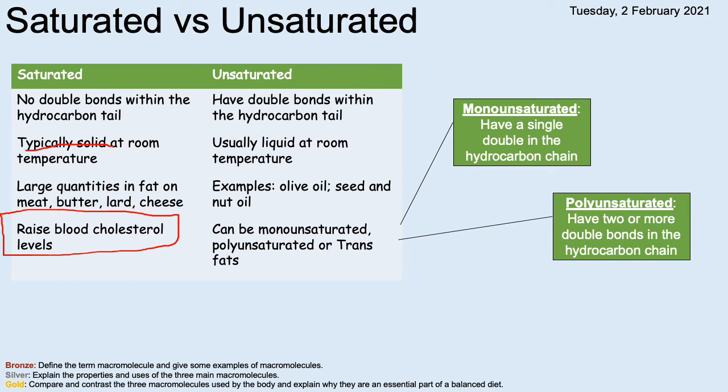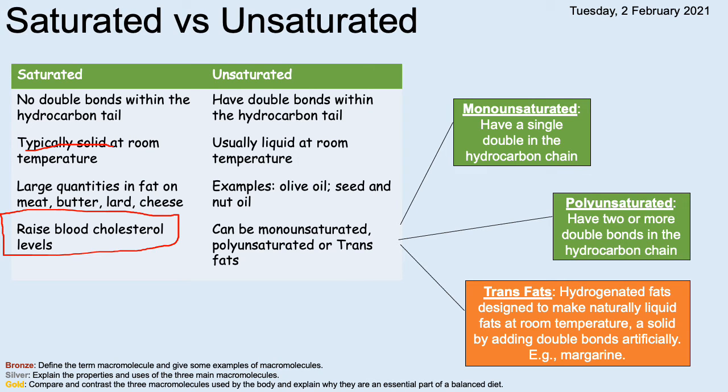And then you have sort of the red herring that you wouldn't really think about. You have trans fats. These are hydrogenated fats, and they are designed to make a naturally liquid fat at room temperature a solid by adding double bonds. That is done artificially through a factory process.